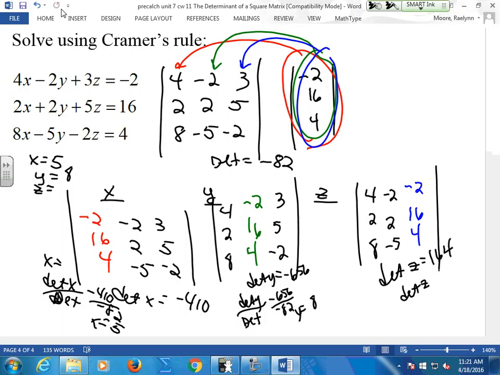Determinant of z over the big determinant. And z is equal to -2. Now you just found all your answers. There's your solutions. If you want to string them out, x, y, z, that's fine too.